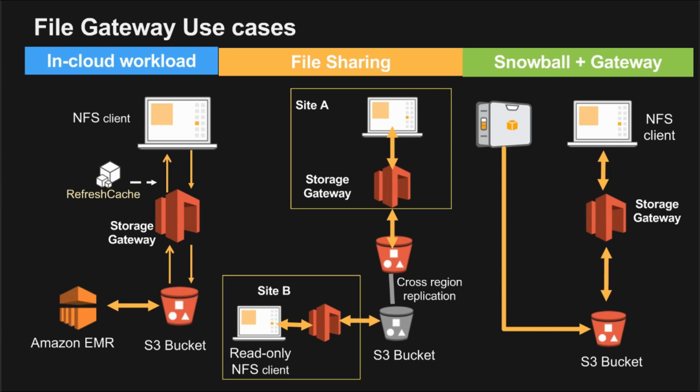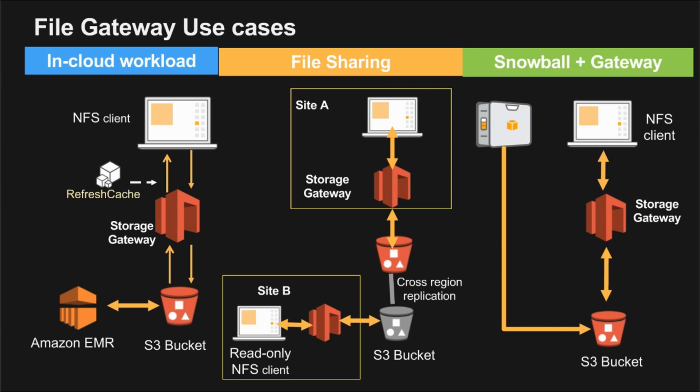You can replicate that data to US West 1 into another S3 bucket, have a file gateway that's connected to that S3 bucket in read-only mode, and you can actually read that data out. So this is another way that you can distribute data or content to remote sites, give them read-only access to the data, and you only have to keep your main copy, and then it gets replicated out remotely.